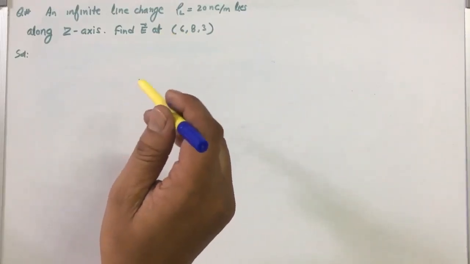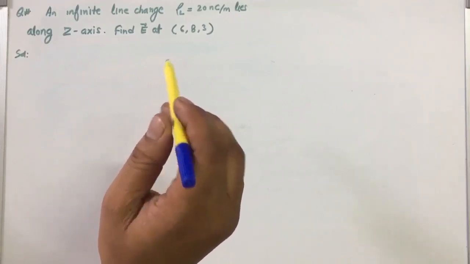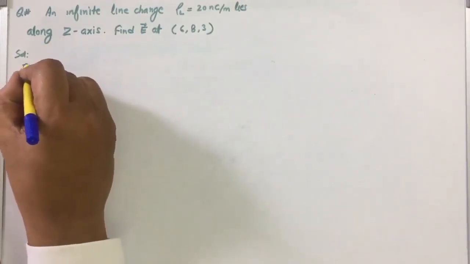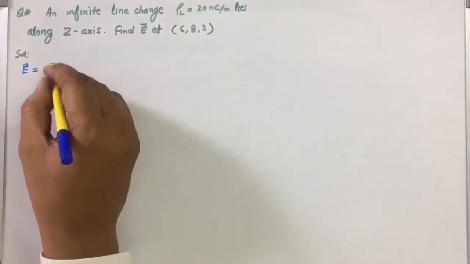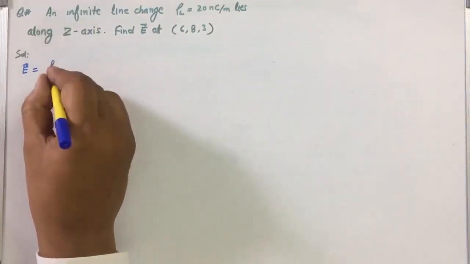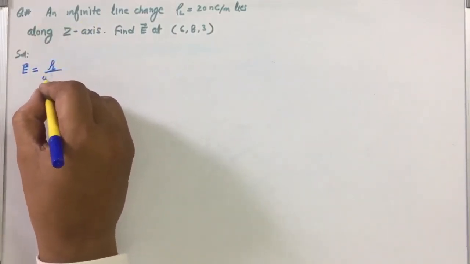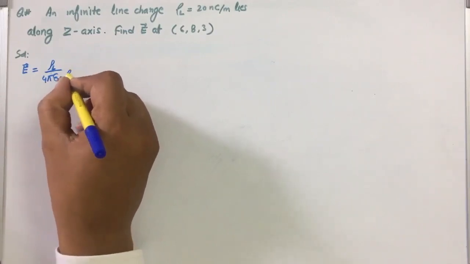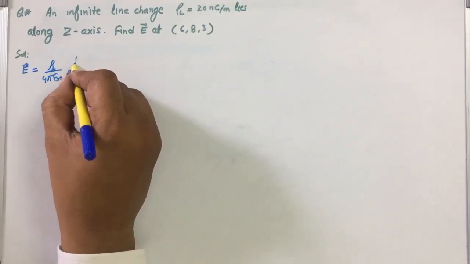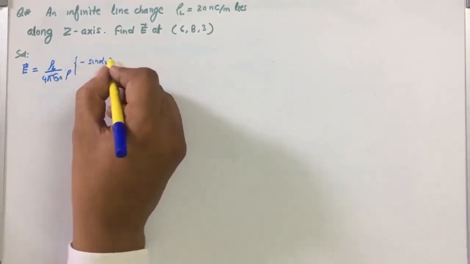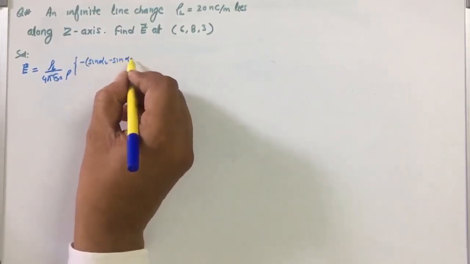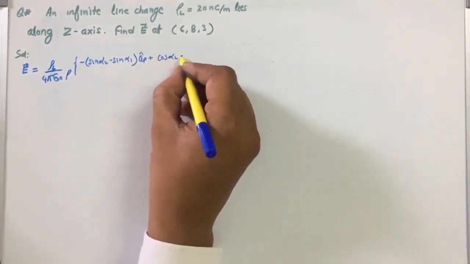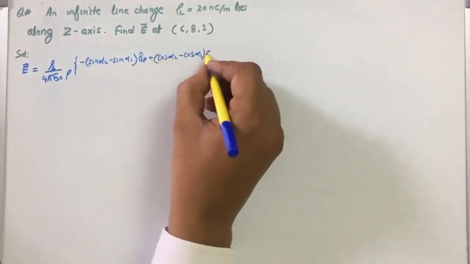So directly coming to this problem, let us recall the derivation that we did yesterday. The electric field intensity in the case of a line charge was rho L, the line charge density, divided by 4 pi epsilon naught, until or unless the material is given, rho, and inside the bracket it was minus sin alpha 2 minus sin alpha 1 in the direction of the radial vector a_rho, plus cos alpha 2 minus cos alpha 1 in the z direction.